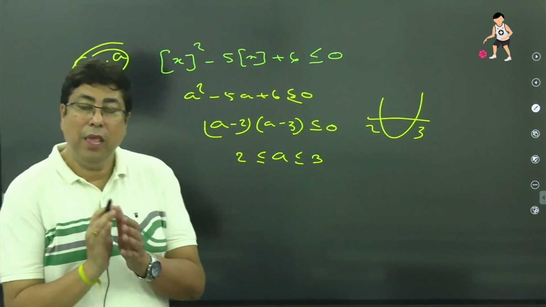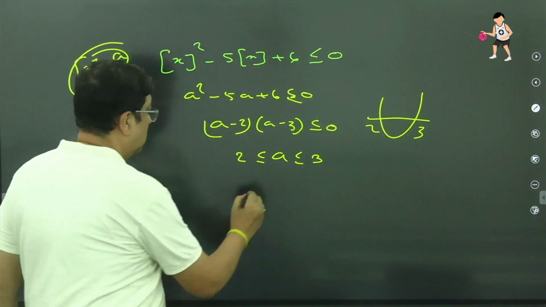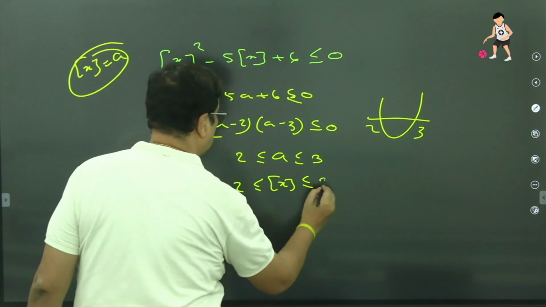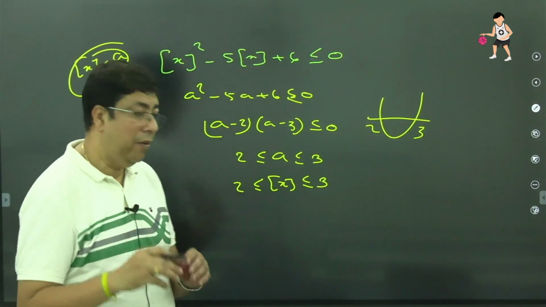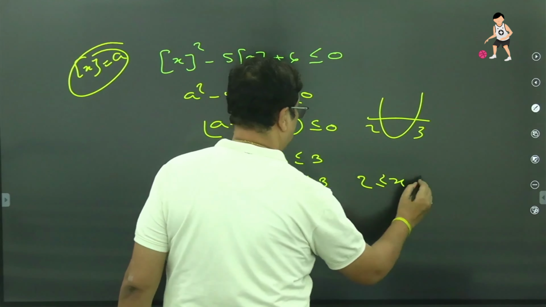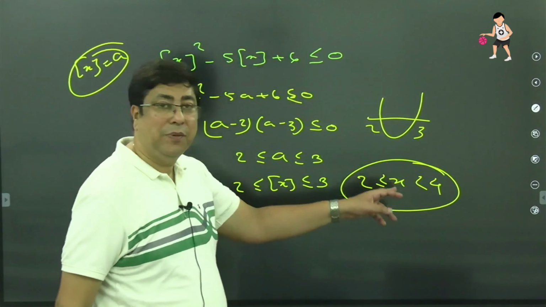But it is not a, this is floor x. So what to do here? So floor x greater than or equal to 2 and less than or equal to 3. So in this way we will put the value and we are getting x greater than or equal to 2 but less than 4. Okay, must understand and must practice in your home.